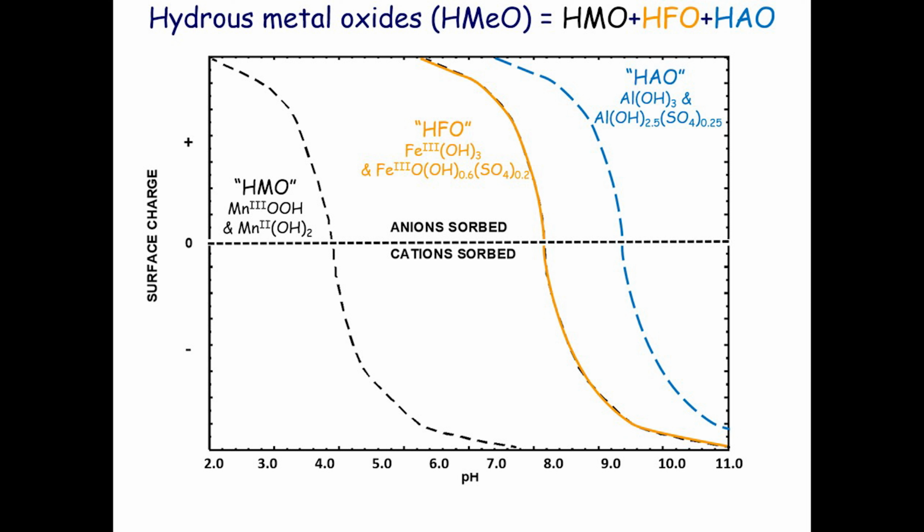So adsorption is an interesting phenomenon where these solids have charges on their surfaces that change as a function of pH. And so at low pH, they have a positive charge. Think of protons, low pH. They give the surface a positive charge, and when they're positively charged, they attract anions, which are negatively charged, things like phosphate, arsenate, and sulfate, which is the dominant ion in mine water.